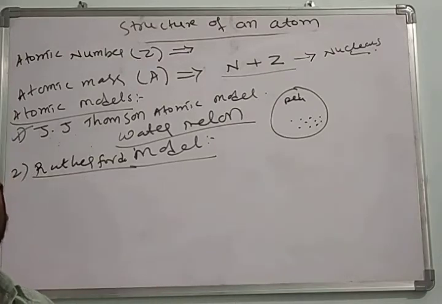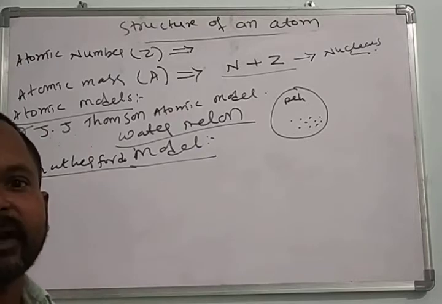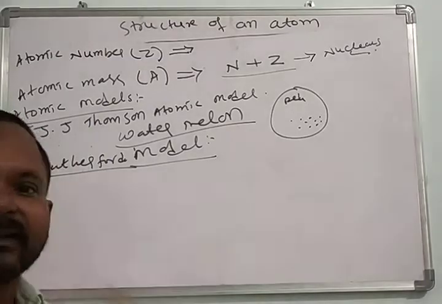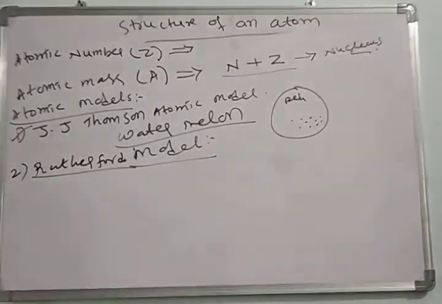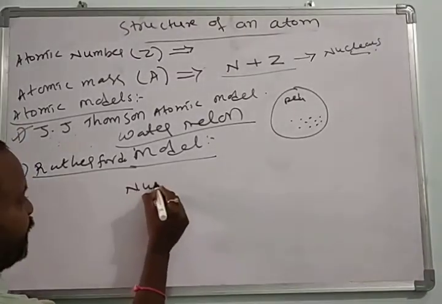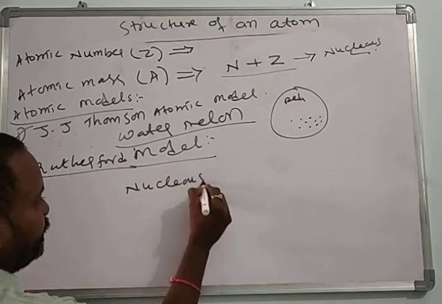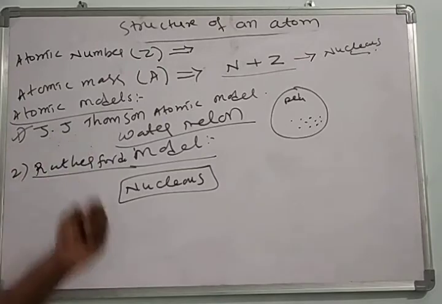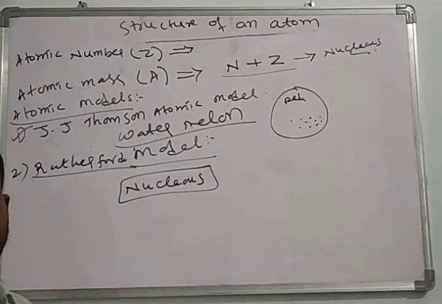And here, the mass of an atom is always present in the center of the atom. The center of the atom we call the nucleus. The nucleus was discovered by Rutherford only.